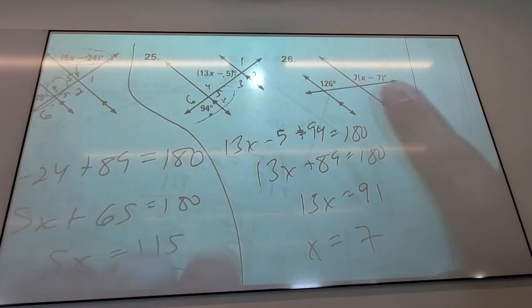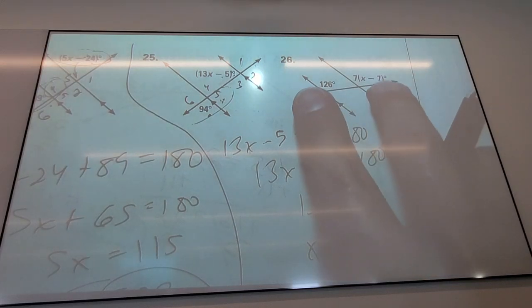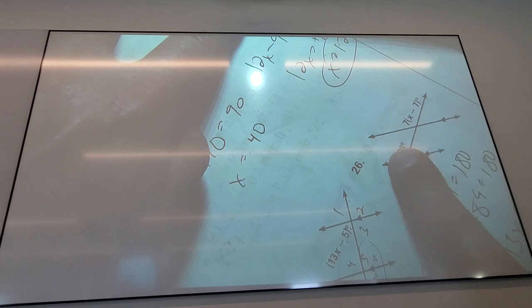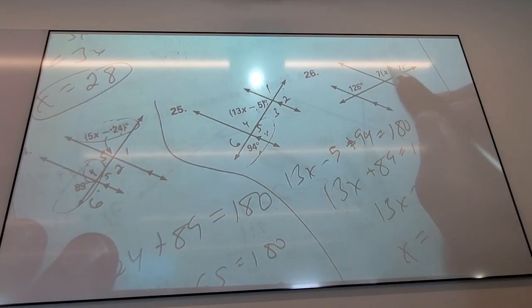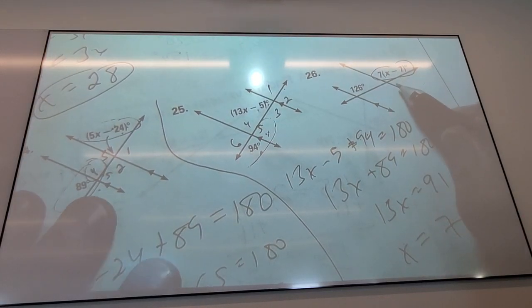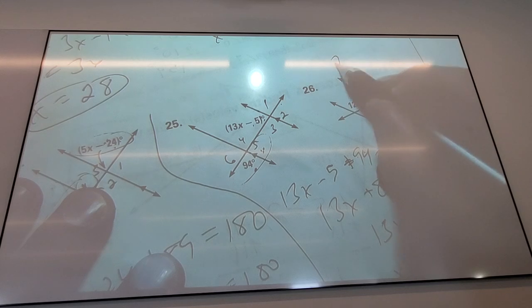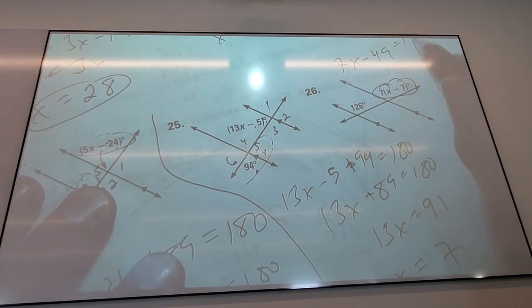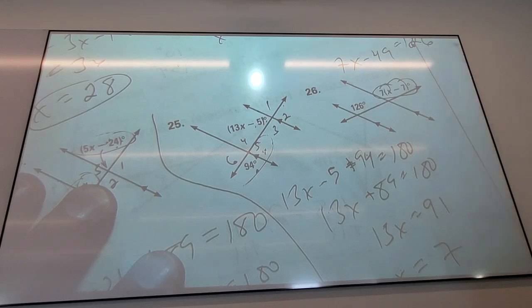What's true about this one? Yeah, so if I look like that, there's my transversal. These are corresponding. This is a little trippy because the first thing you have to do here, you don't have to, but I could distribute, yes. So let's say 126.